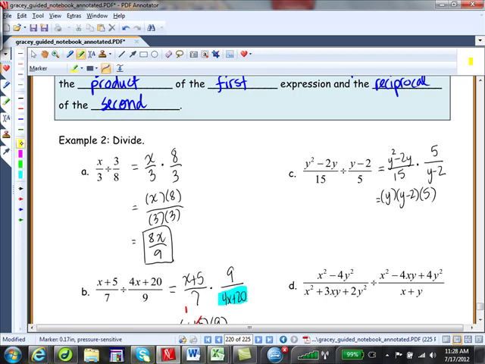So the y squared minus 2y factors like that, and that's all over 15 times y minus 2. So we've got the factor of y minus 2 that can be divided out. The 5 goes into itself once and into 15 3 times. So our end result will be y times 1 is y over 3 times 1 is 3. And we're all set.